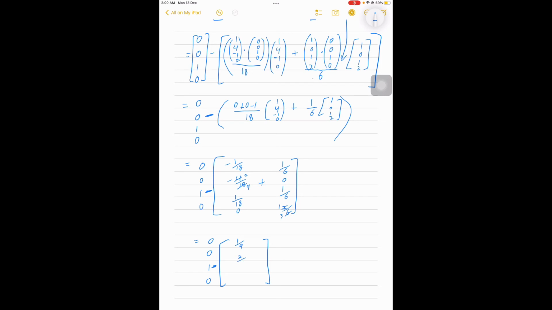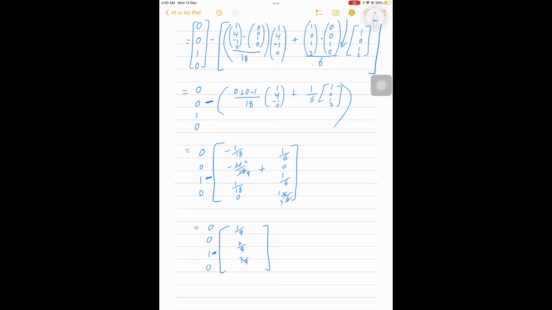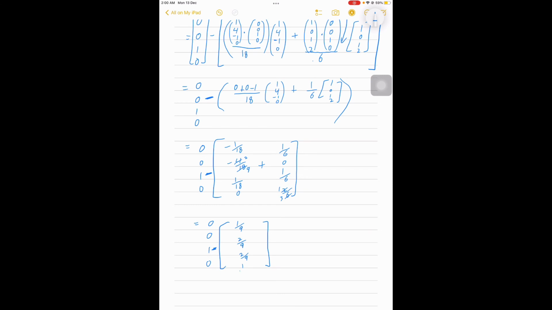And 2 over 9, and then 2 over 9 again, and 1 over 3. There's an addition over here. And then this is all equal to negative 1 over 9, negative 2 over 9, 7 over 9, and 1 over 3. So this is your v3.